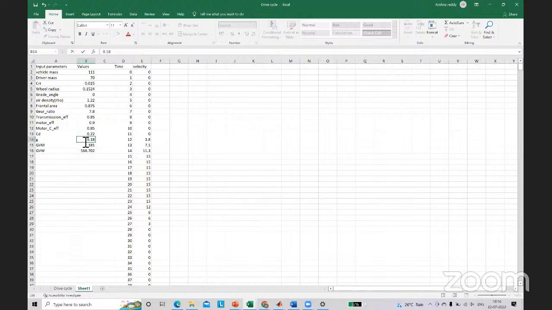Just give me a second. Okay, now it's correct. Like G is, let me write it in here itself, otherwise I'll get confused. Acceleration due to gravity.